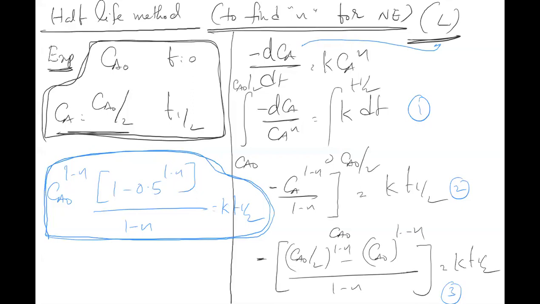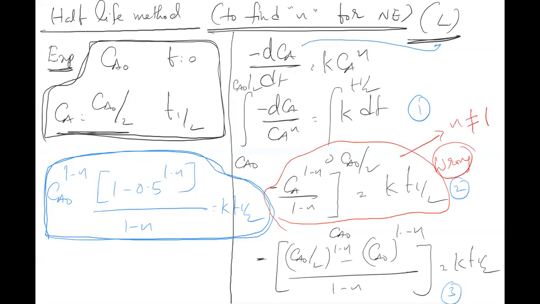So the mistake is in this step, it is wrong because this integration is applicable when n is not equal to 1. If n is equal to 1, then your entire derivation will be different. So try to derive for n equal to 1. What is the equation?